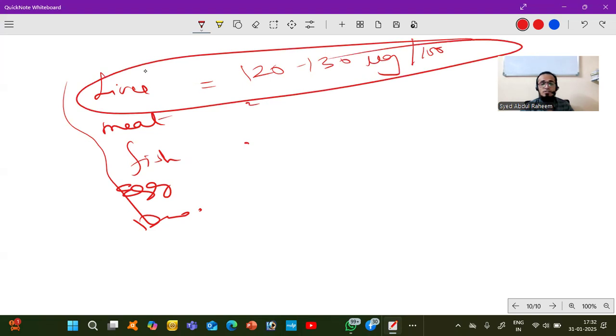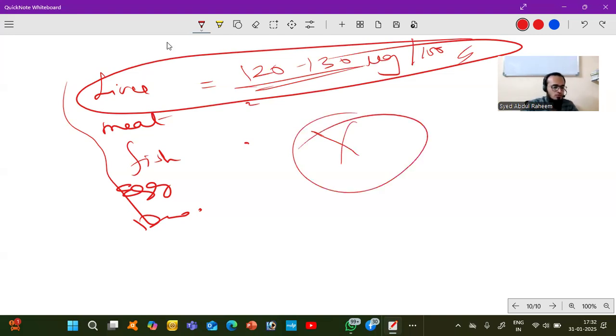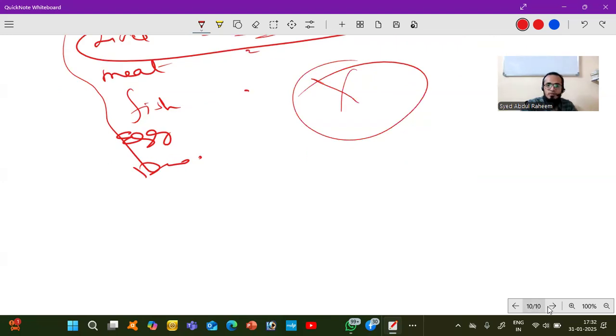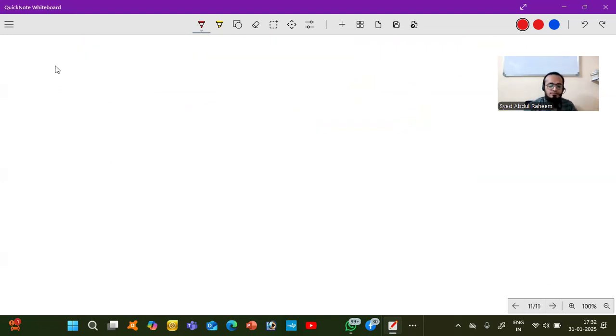If you take 100 grams of liver, you will get 120 to 130 micrograms. Okay, so this is very important. Vegetables don't have this vitamin B12. So this is one negative thing. We have to know about that. Next function.